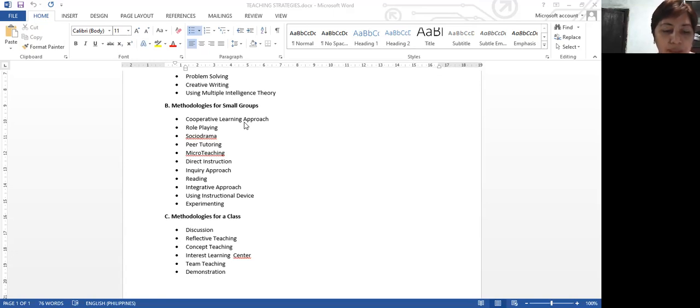So here in cooperative learning approach, students will learn to respect all of the members' ideas. They will broaden their horizon, that every individual has their own view and perspective when it comes to different things.